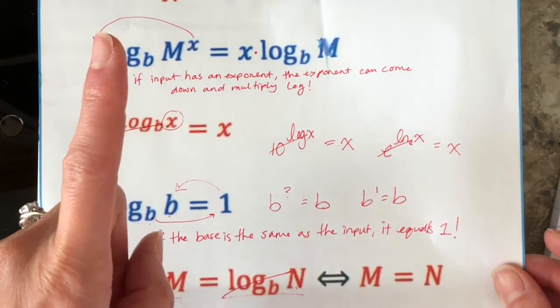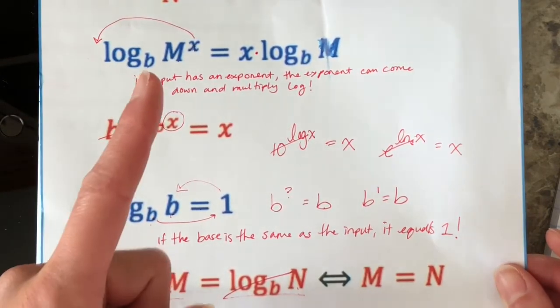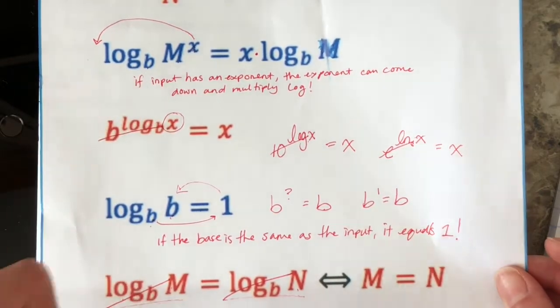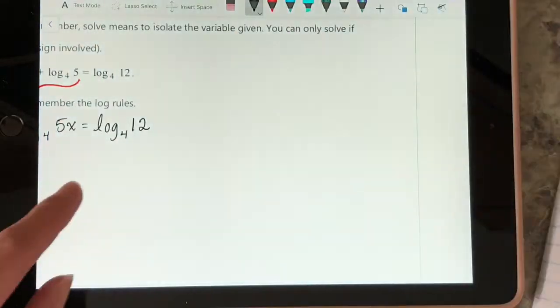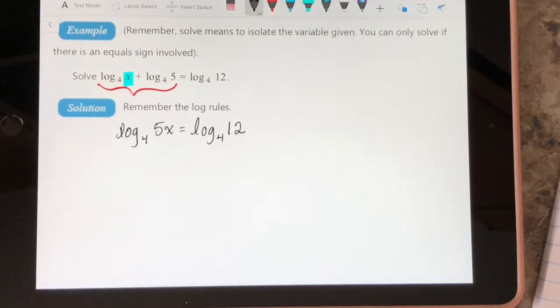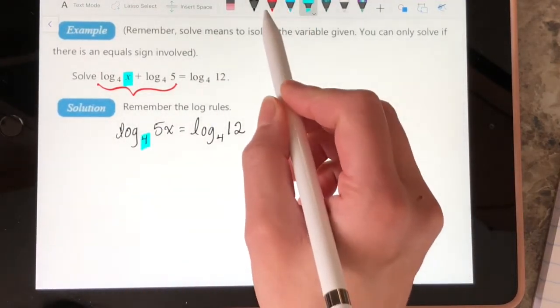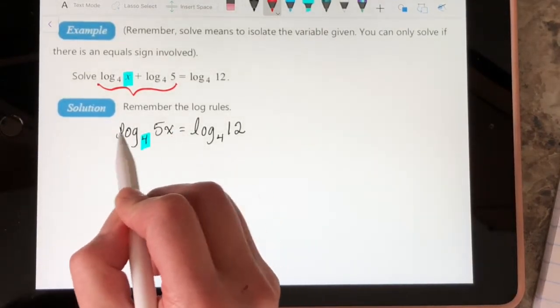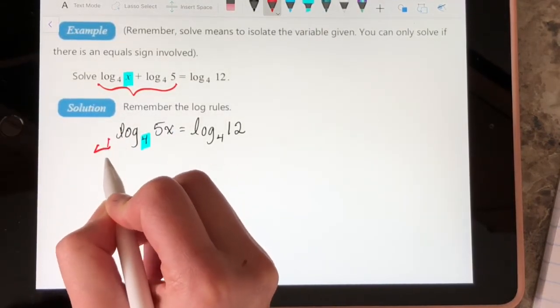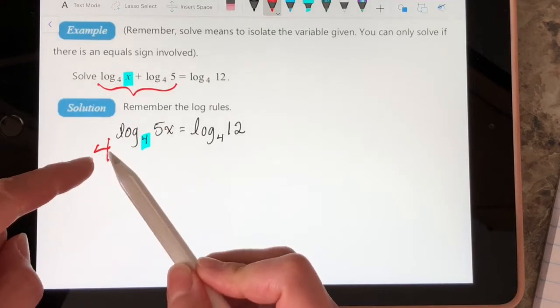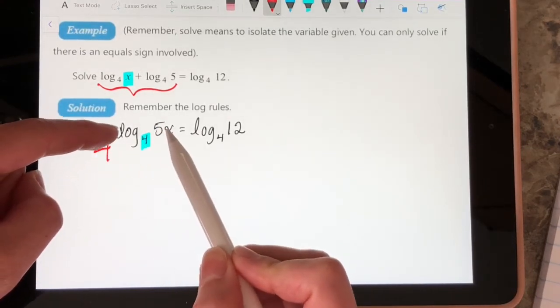But here's the caveat: algebra rules still apply. What you do to one side, you must do to the other. So let's try it. What is our base here? Our base is 4, right? So that tells me to make this the exponent of 4. So now it's 4 to the power of log base 4 of 5x.